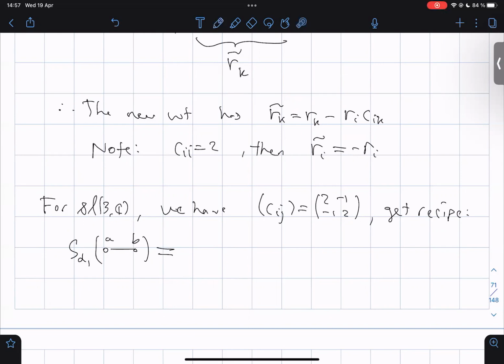This is the first simple reflection, and this is going to send it to its negative by what we just said over here. From this guy over here, the effect on the second coefficient is I take the value of what's on that first coefficient and add it to that. Similar effect for the other one.